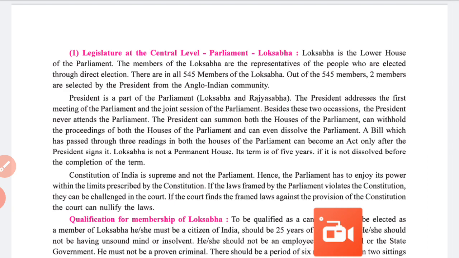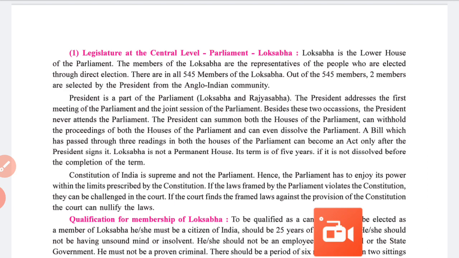So, what is the Anglo-Indian community? Anglo-Indian community means at least two groups of people: those with mixed Indian and British ancestry, and people of British or English descent born or living in India.